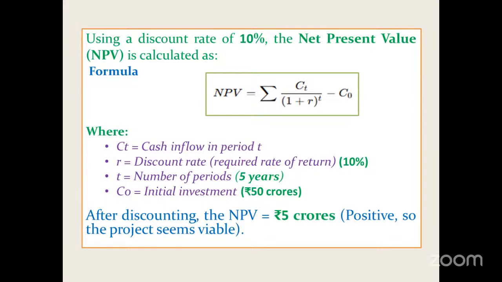T is the time period, and C0 is the initial investment. So this is the formula.